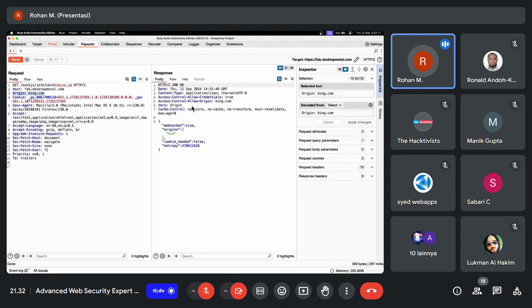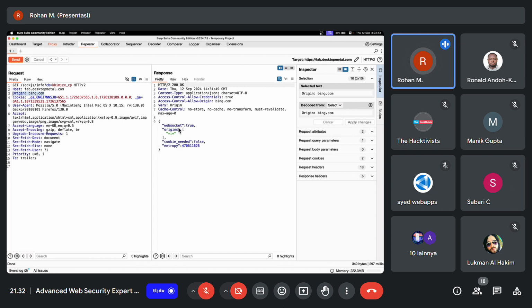And that is why you see here in Access-Control-Allow-Origin, it says bing.com. It means that in this particular endpoint, sock.js/info, when the request is coming from bing.com, it is allowed to share the resources with bing.com. All of this response that you see here is allowed to be read by bing.com.